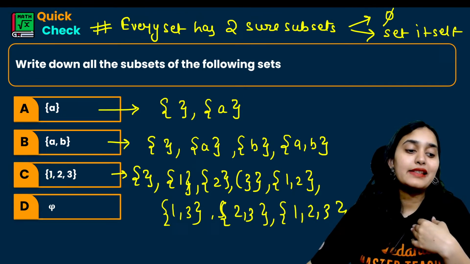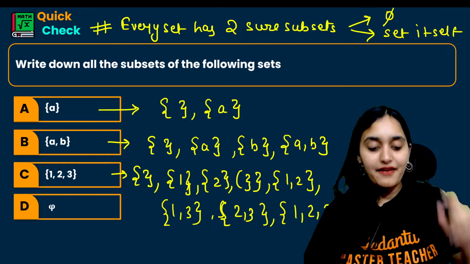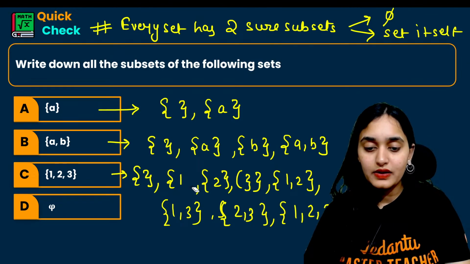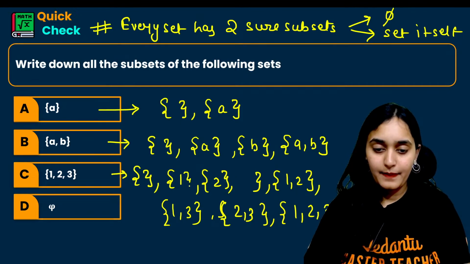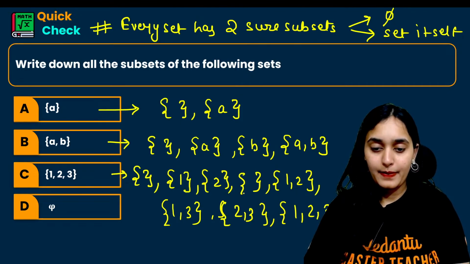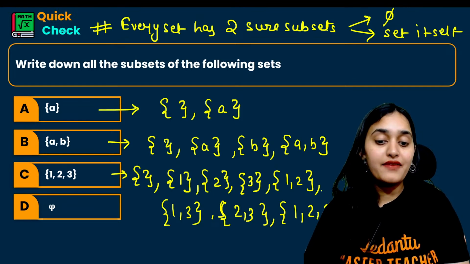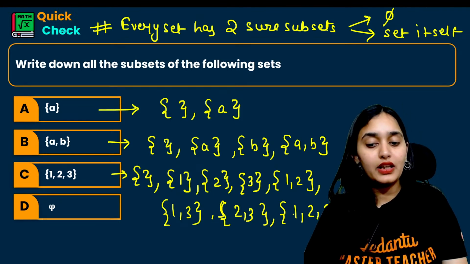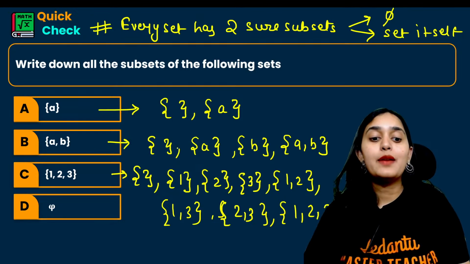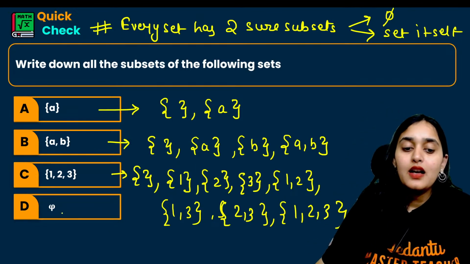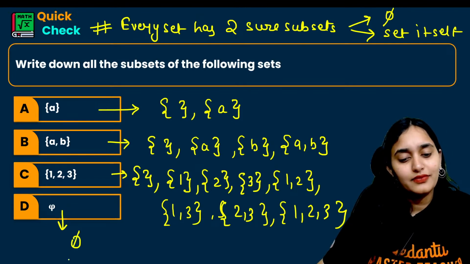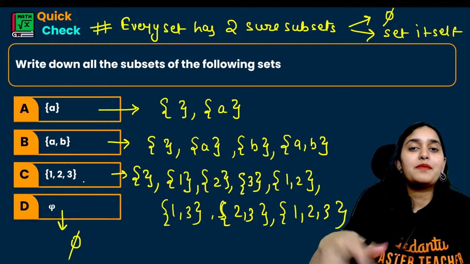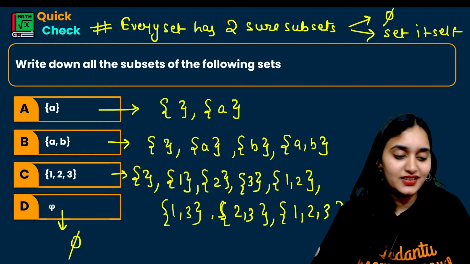All of them are subsets. Set having 1, set having 2, set having 3, set having 1, 2, 1, 3, 2, 3 and 1, 2, 3. All of them are subsets. Clear? Similarly, for the null set, what will be the subset? Phi. For the null set, the subset is the null set. Nothing.